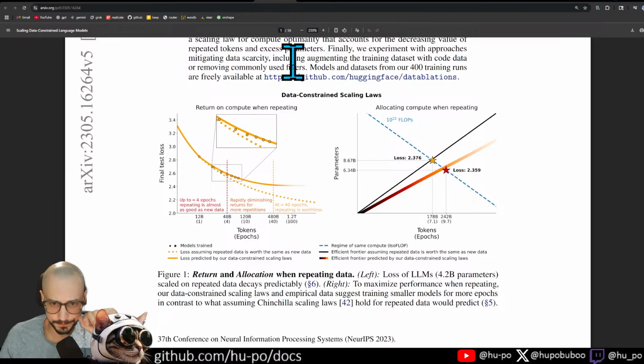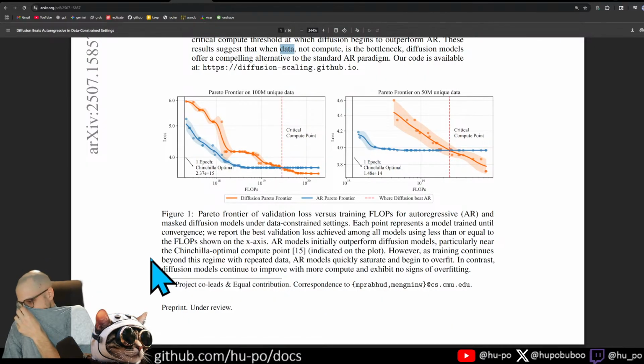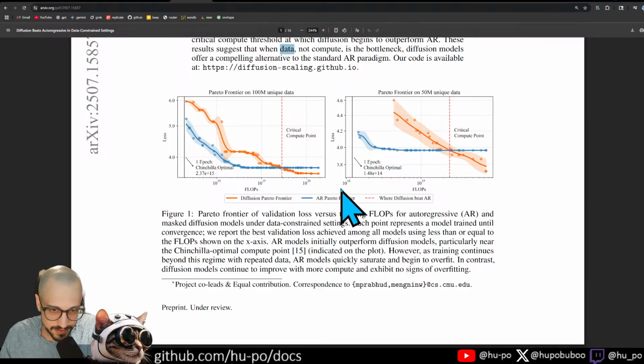It's the amount of training and the loss that you get. So lower is a smarter model, right? So you can see here that as you train the model for longer, you get a smarter model, right?